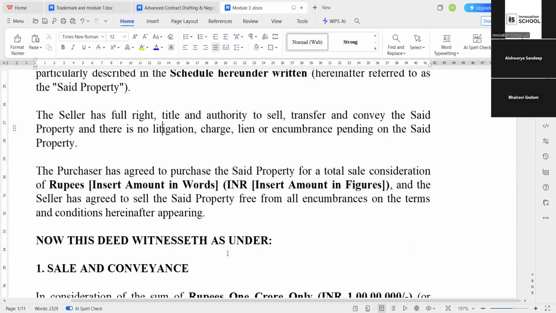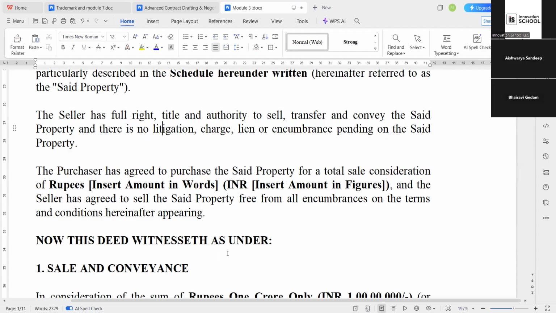Now, you also need to mention that there is no litigation, there are no pending charges, it is not mortgaged, etc. Okay, that is very important to be mentioned, because, as I said, you cannot sell something that does not belong to you.